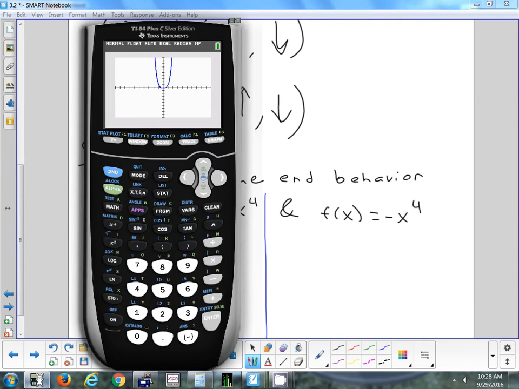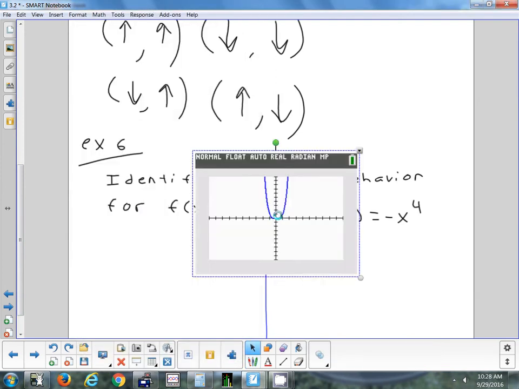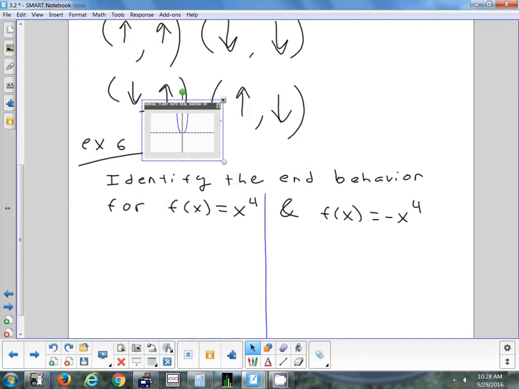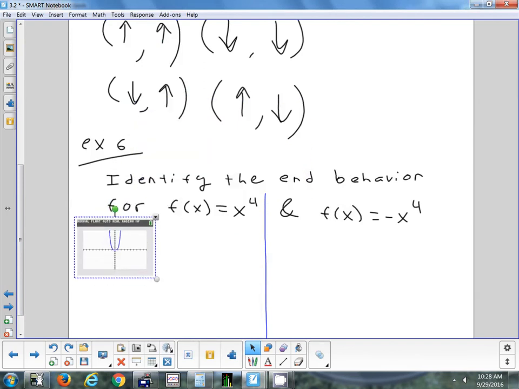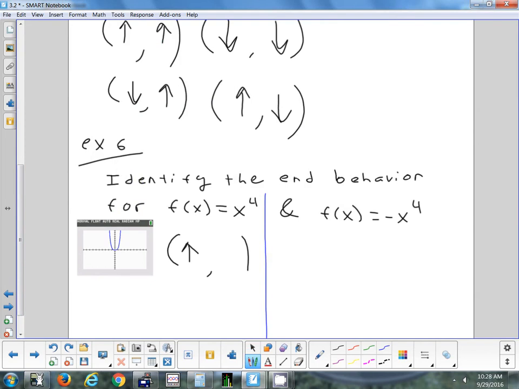What does that kind of look like? Yeah, kind of looks like a parabola. It's a parabola that's actually kind of flattened out at the bottom a little. So how would you describe the behavior on the left side? Yeah, goes up. Kyle, the behavior on the right? Keeps going up.